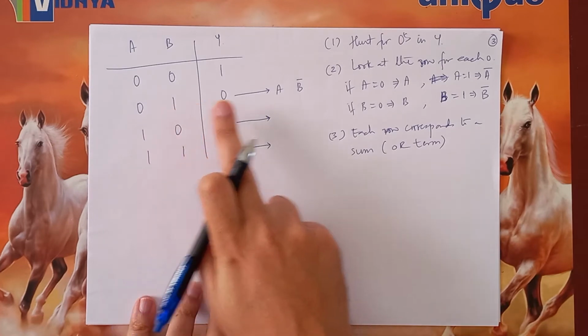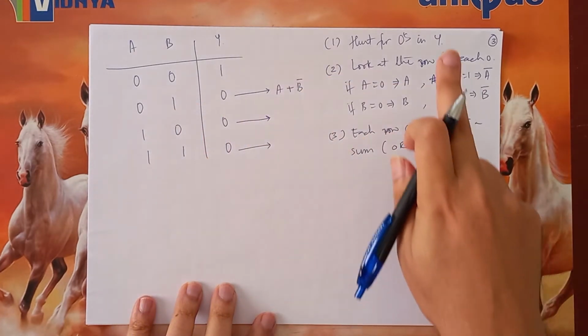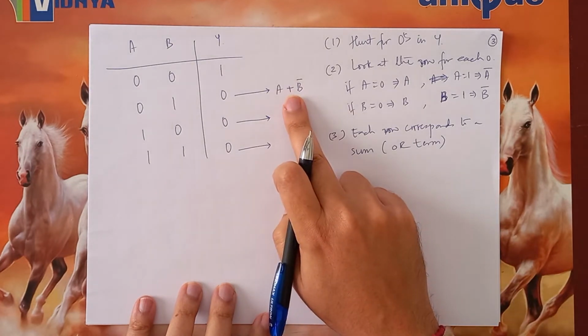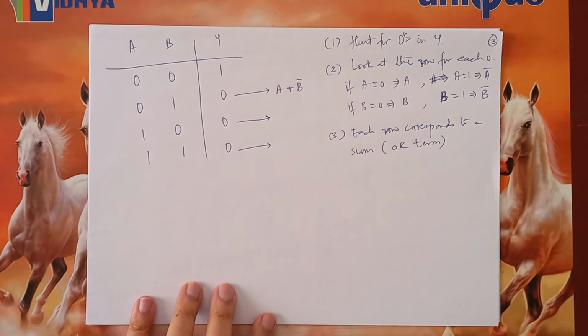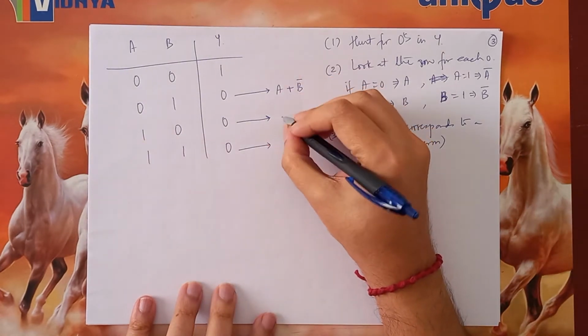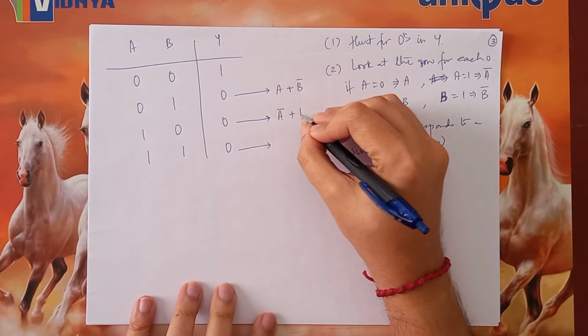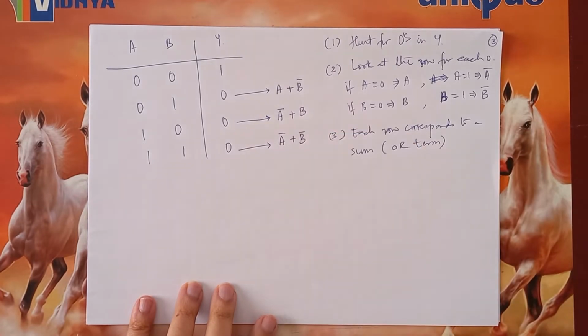And each row corresponds to a sum term. Earlier, for the one case, this corresponded to a product term. So now you see they are duals of each other. Likewise, this will be A bar plus B. And this will be A bar plus B bar.